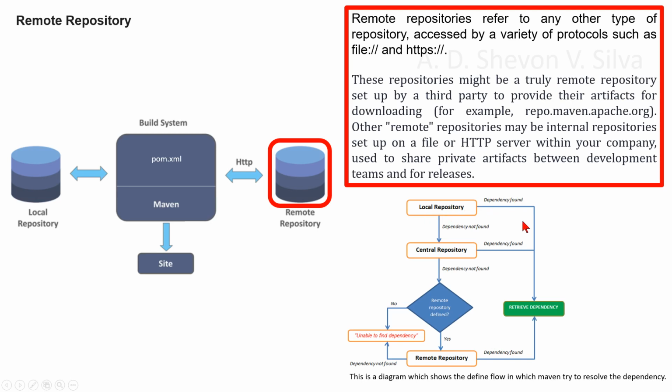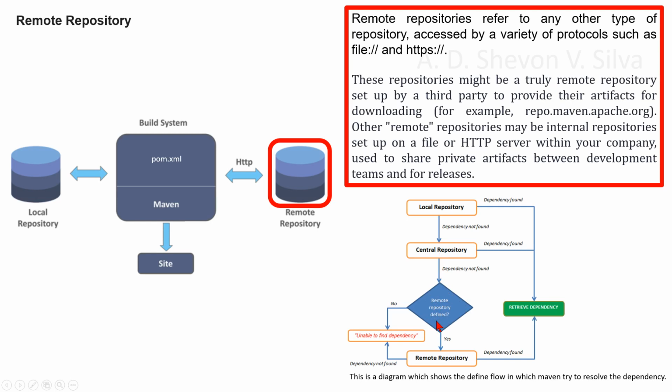If the dependency is found, it will retrieve the dependency. If the dependency is not found in the local repository, it is connected to the central repository. If the dependency is found in the central repository, it retrieves the dependency, and if not found, the central repository goes on to check whether a remote repository is defined.